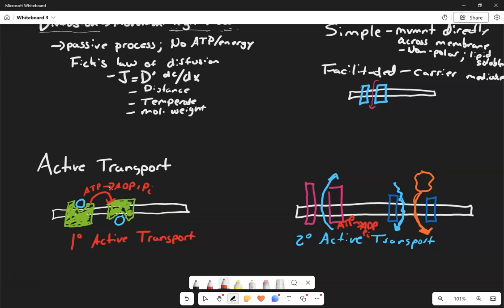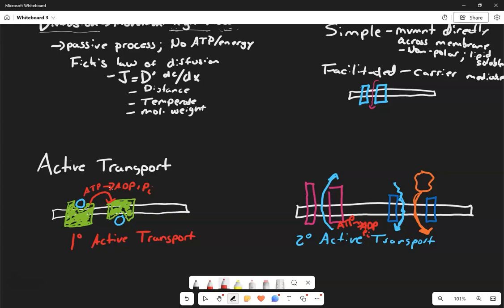And so this ATP that we're hydrolyzing into ADP and inorganic phosphate, that's the direct energy input to establish this energy gradient of sodium that we can use over here to move that glucose in, right?